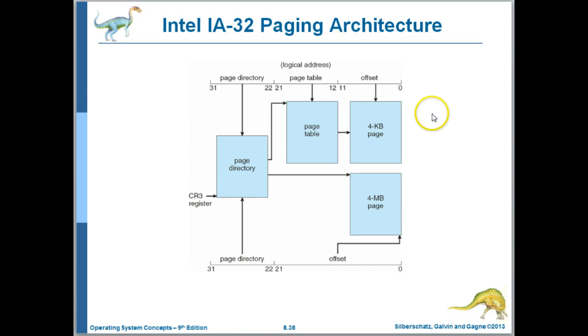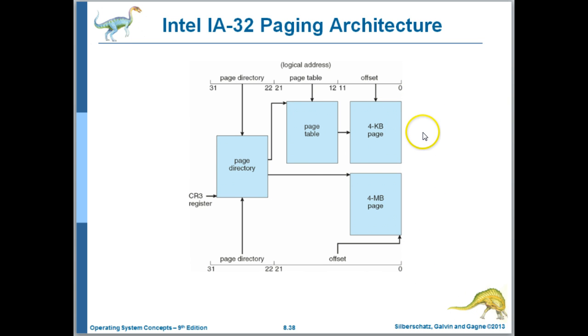Note that x86 has 2 page sizes, 4K bytes or 4 megabytes. There is a bit in the page table entry that indicates whether a page is 4K or 4 megs. If the page is 4 megs, then the lower 32 bits are used as the offset.